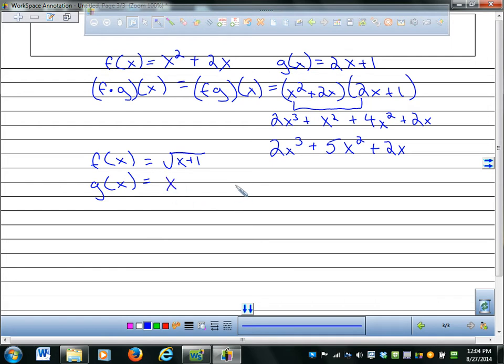What's going to be g times f of x? What's that going to look like?